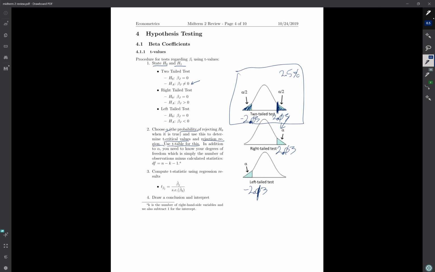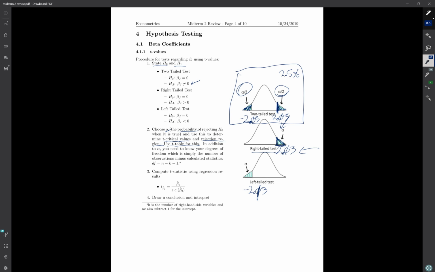Again, if I happened to get this number 2.03 for a right-tailed test, which we wouldn't with the same alpha and the same number of observations, because we halve the probability space on each side for the two-tailed test, we wouldn't get the same number. But let's just assume we got 2.03.